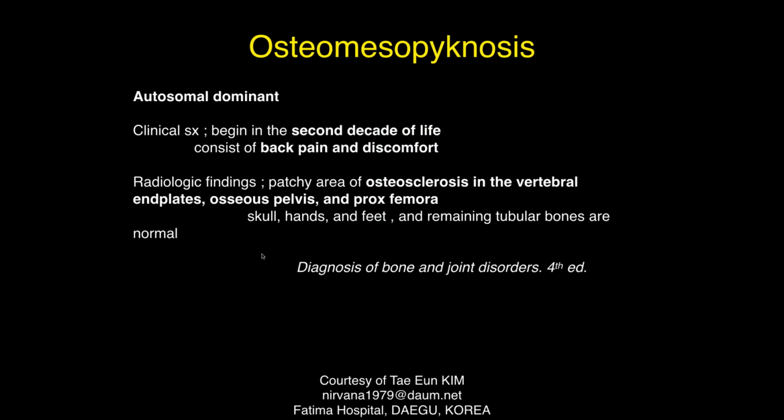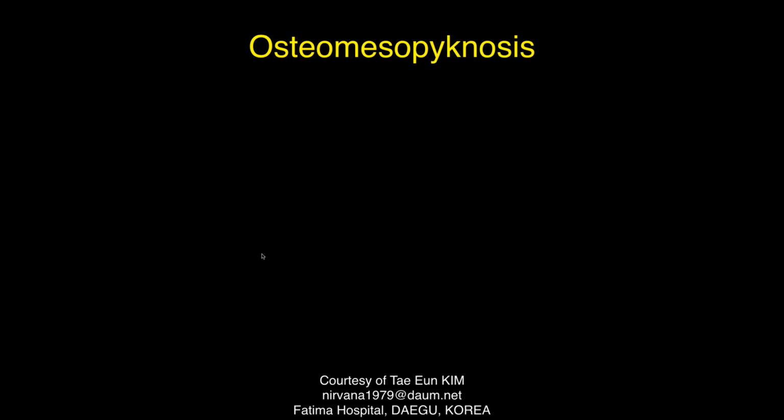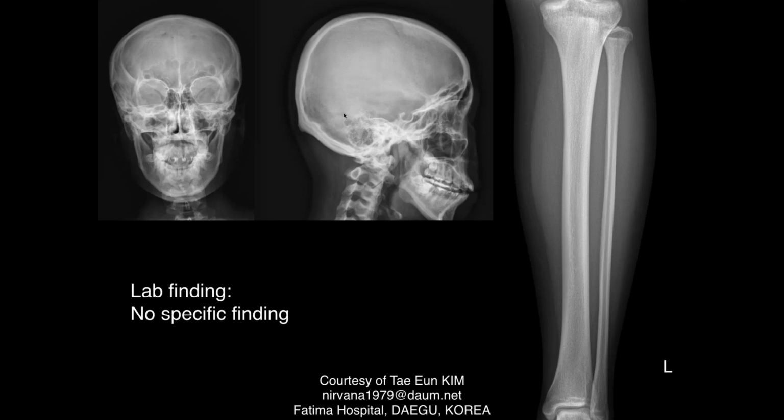Osteopathia... osteomesopyknosis. So they get back pain and destructive, patchy sclerosis of vertebral end plates like we're seeing here. Normal height. Was there something abnormal in the skull X-rays or just some inhomogeneity? Isn't the skull thickened?